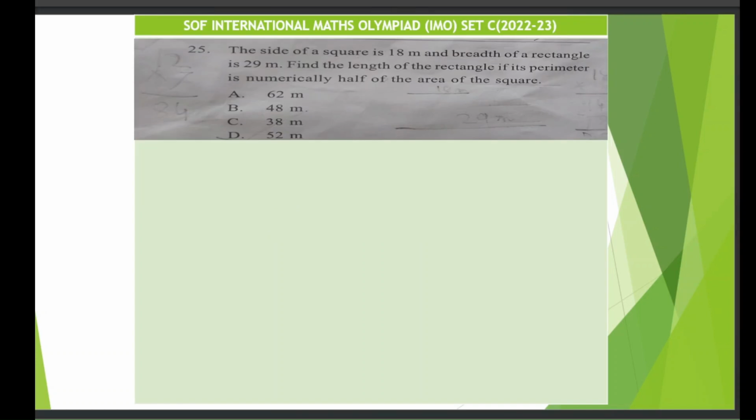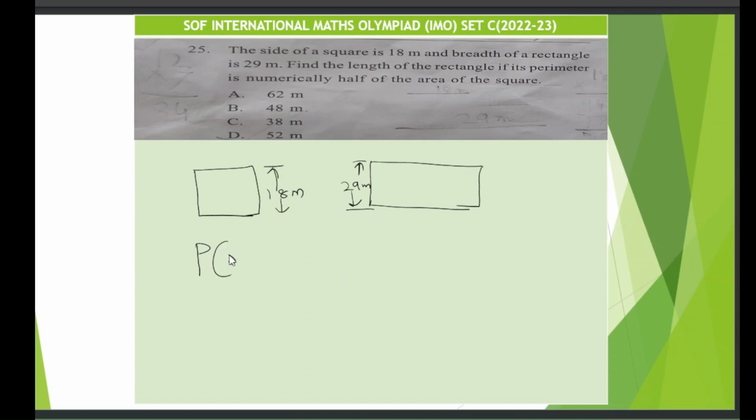Question number 25 says the side of a square is 18 meter, okay, and the breadth of a rectangle is 29 meter. Side is 18 meter for this square and the rectangle has a breadth of 29 meter. So what it is saying is that the perimeter of the rectangle is half the area of the square.